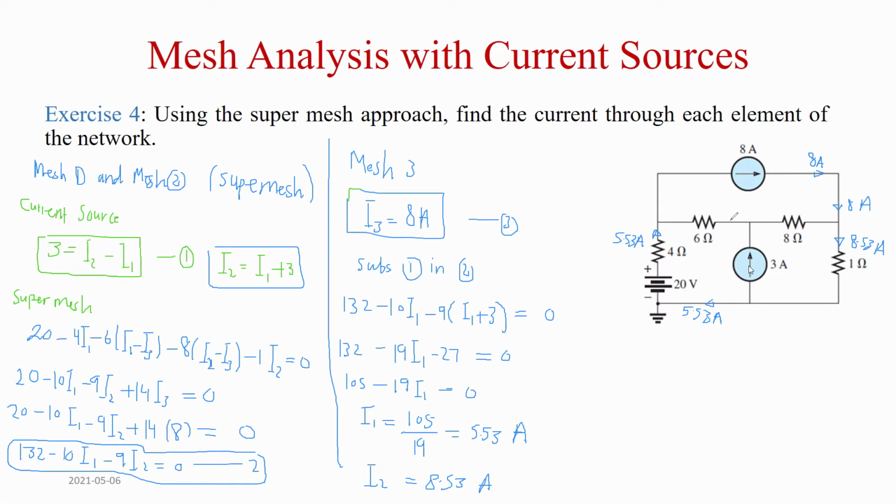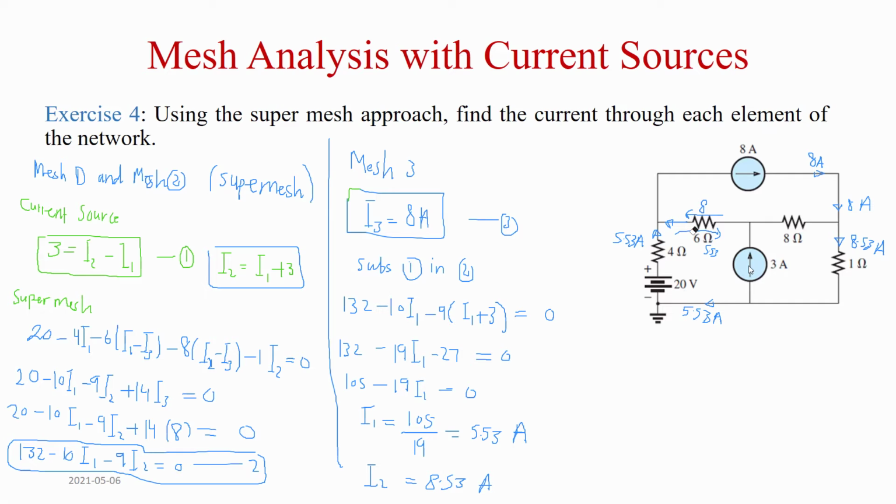Now the current here is going to be this way. See, there is 5.53 going this way, 5.53. And there is 8 going this way. The 8 is more than 5.53. So when I combine them, it will be 8 minus 5.53 in this direction.